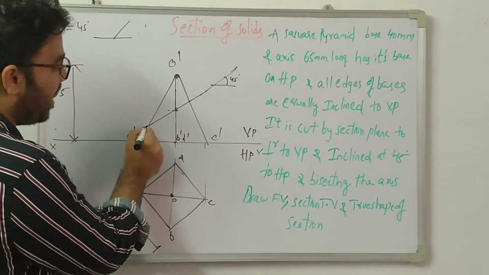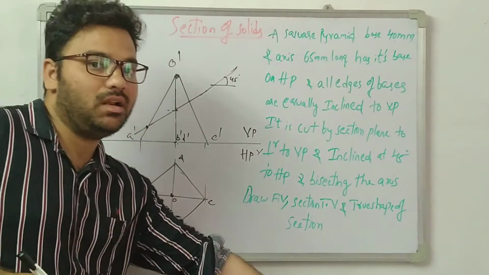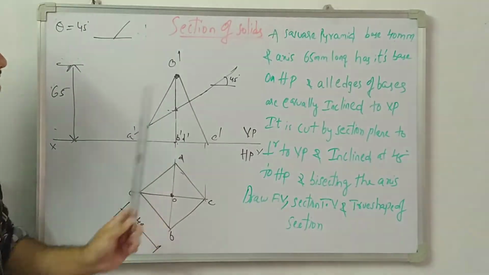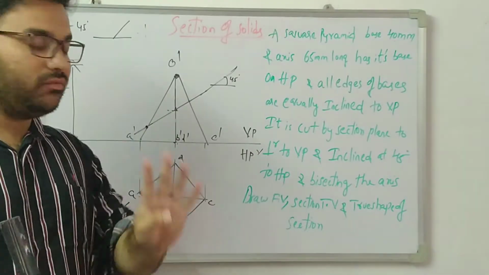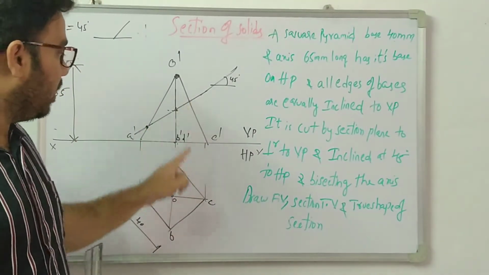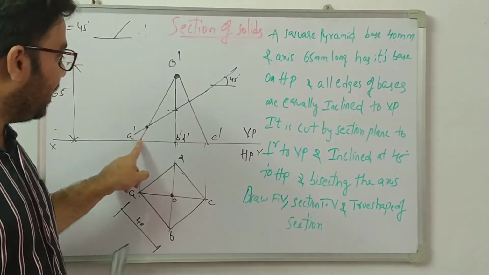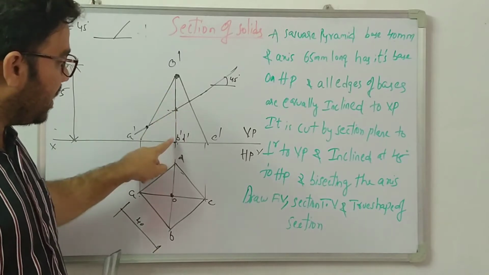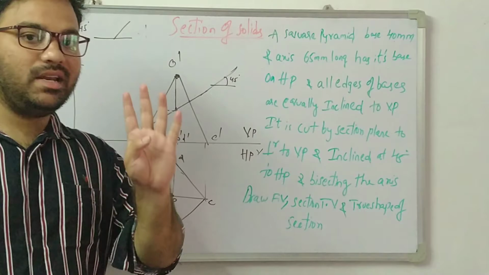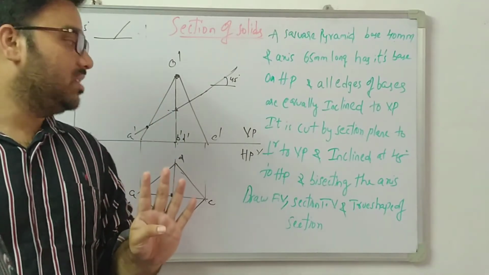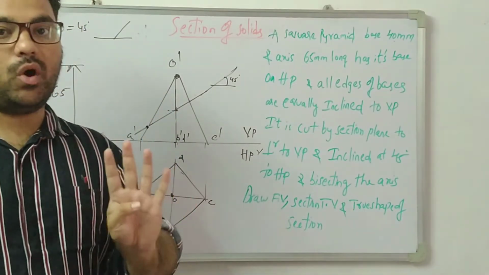Now from A dash onwards, what is the procedure? Here the cutting plane passes how many edges? It is a square pyramid, so it passes 4 edges: OA slant edge, OB dash slant edge, OD dash slant edge and OC dash slant edge. So we will get 4 points.